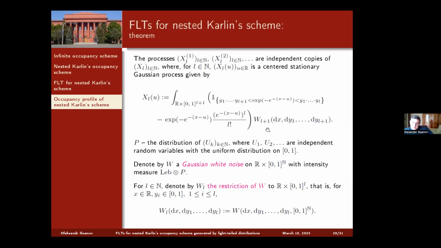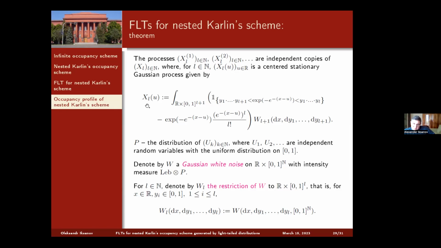And all of these are obtained as a restriction of the parent infinite dimensional Gaussian white noise, with intensity being the product of the Lebesgue measure on the real line times the distribution of an infinite sequence of independent random variables having a uniform distribution on 0, 1.